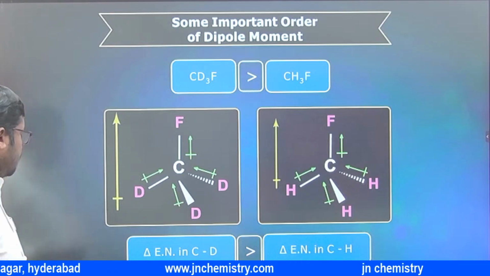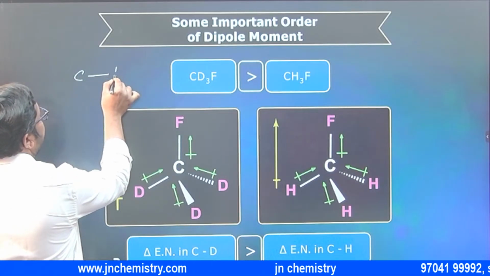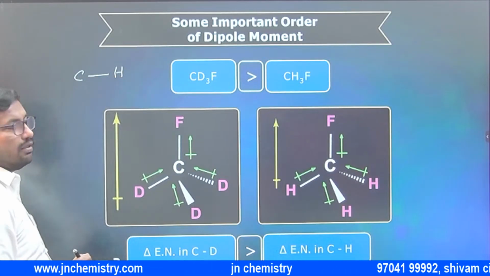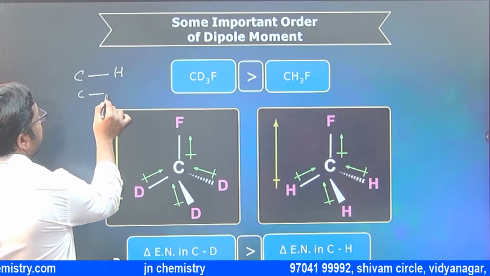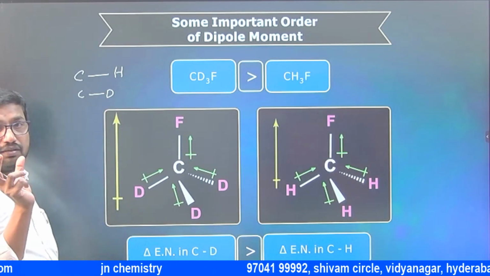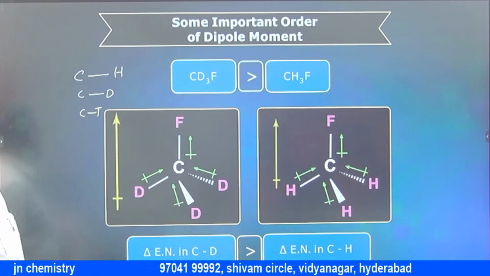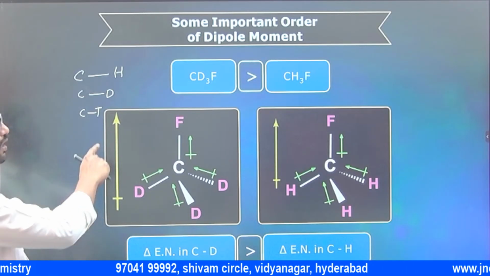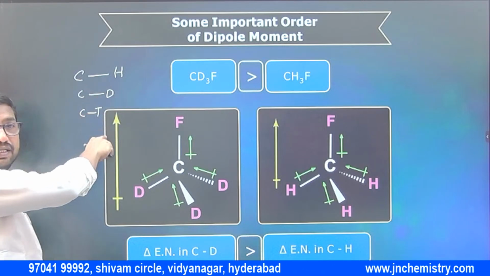And try to remember, the carbon hydrogen bond is somewhat more, or the carbon deuterium is somewhat less bond length. Carbon tritium, very less. Hydrogen bond length more, deuterium somewhat less, tritium very less.